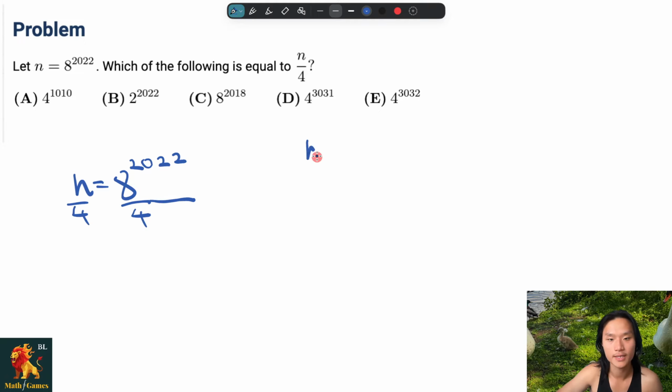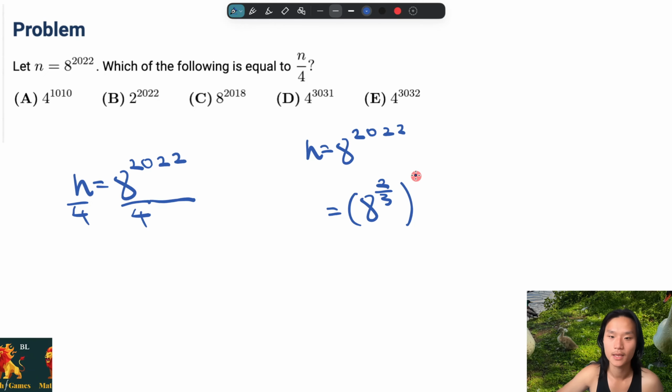So I'm going to try and simplify n, and we will start with this. I'll write this expression as 8 and then 2 divided by 3 and then 3033 here.